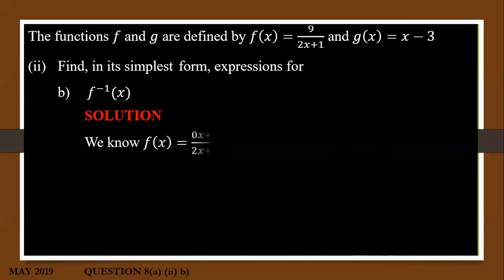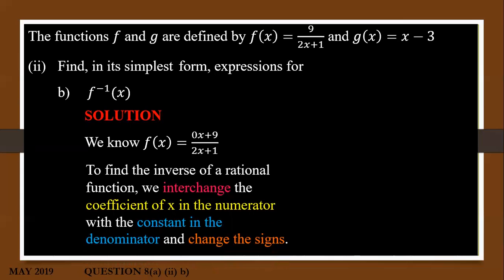So we know f(x) is 9 all divided by 2x + 1, which we can rewrite as f(x) is 0x + 9 all divided by 2x + 1. Why are we rewriting? To find the inverse of a rational function, we interchange the coefficient of x in the numerator with the constant in the denominator and change the signs.